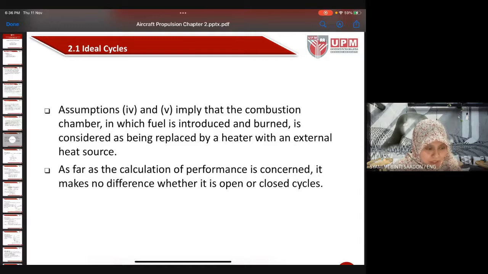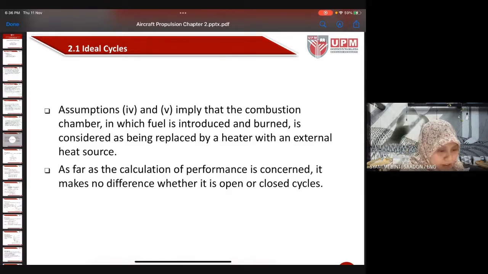This is if we use a closed cycle for a gas turbine power plant, where we replace the combustion chamber with a heater, evaporator, or boiler. As far as the calculation of performance is concerned, it makes no difference whether it is an open or closed cycle. So all these assumptions can be applied to both open and closed gas turbine cycles.